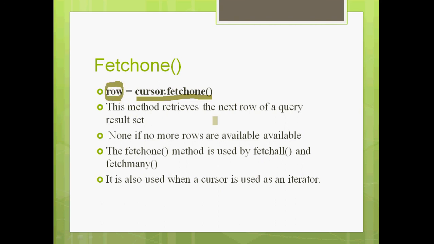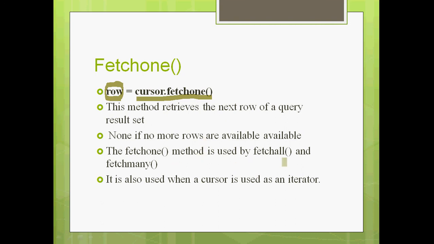This method retrieves the next row of a query result set. The next row of a query result set will be stored in it, and nothing will be stored if no row is available to fetch. The fetchone method is used by fetchall and fetchmany.